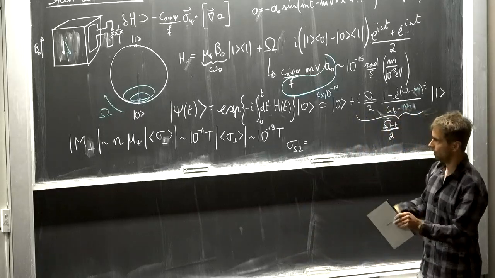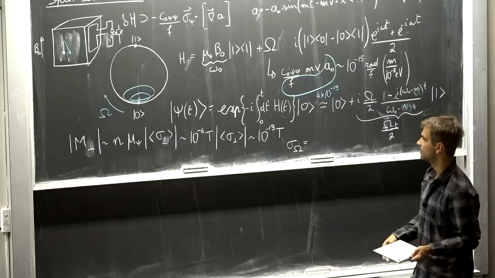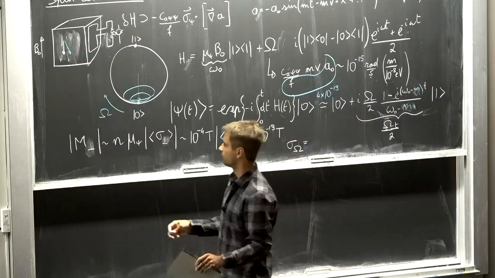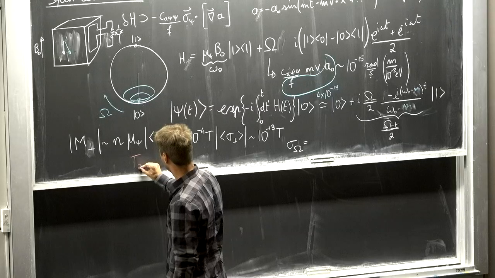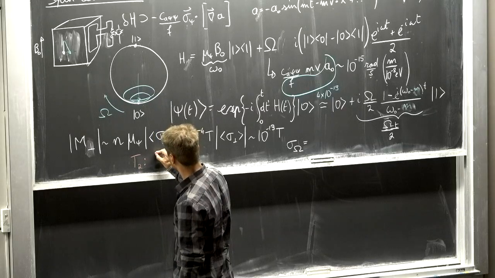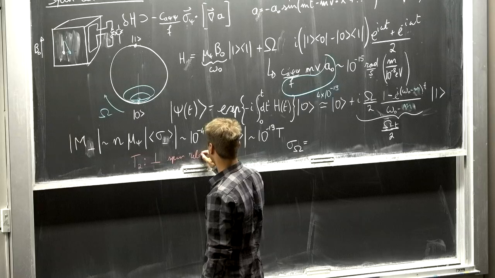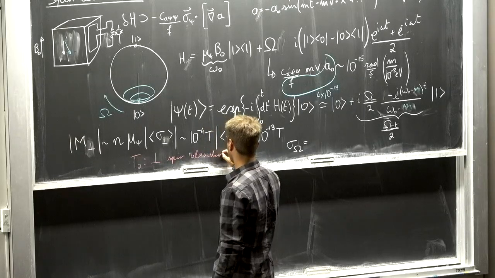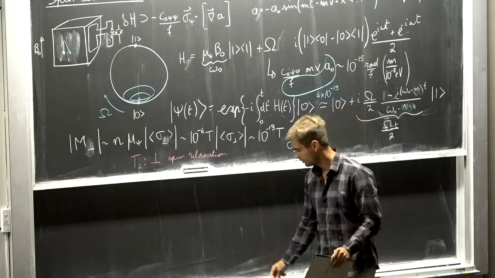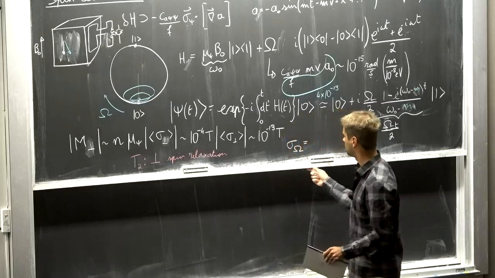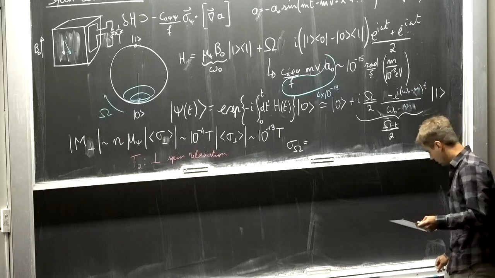All of these things are packaged in some effective dissipation time, T2, the transverse spin relaxation time. It quantifies how good your spin resonance is. That's the time after which your spins lose transverse coherence.